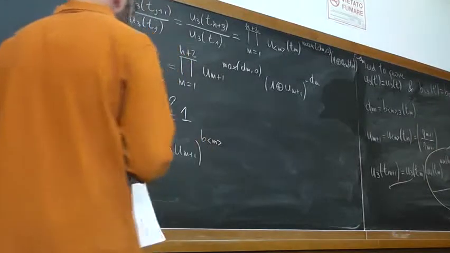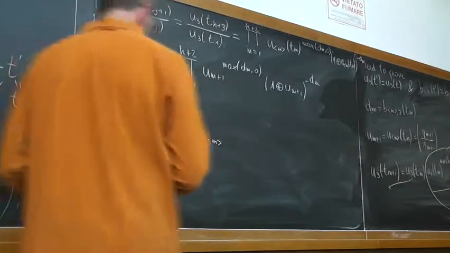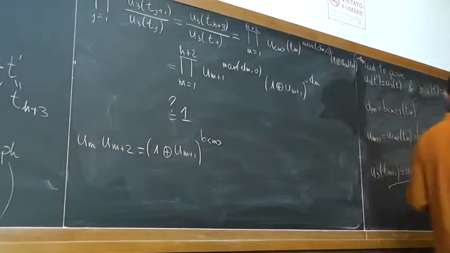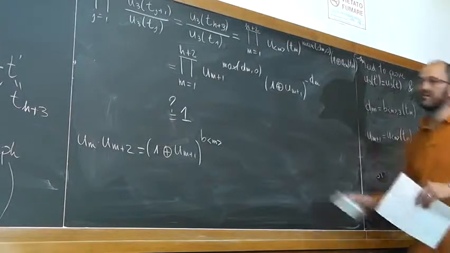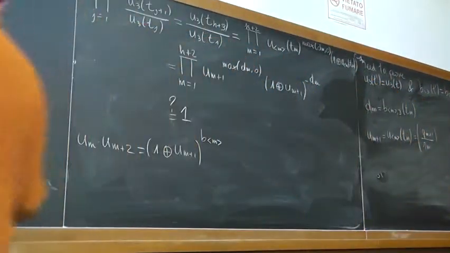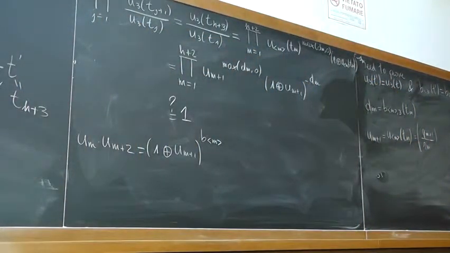So then, I think we don't need this. Maybe I have to prove the statement. Yes, in one case you will have to prove something about the structure of Tm plus 1, right?